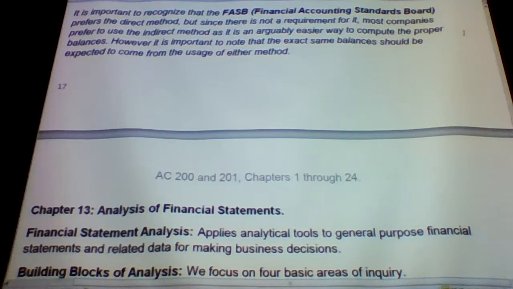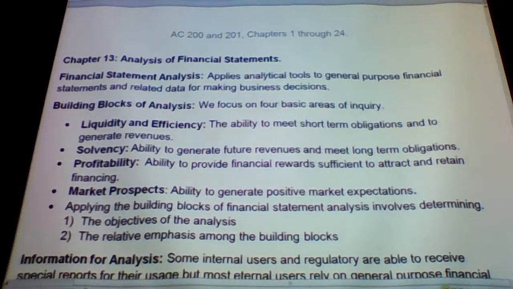It is important to recognize that the FASB, the Financial Accounting Standards Board, prefers the direct method, but since there is not a requirement for companies to do so, most companies prefer to use the indirect method as it is an arguably easier way to compute the proper balances. However, it is important to note that the exact same balances should be expected to come from the usage of either the indirect or direct method.